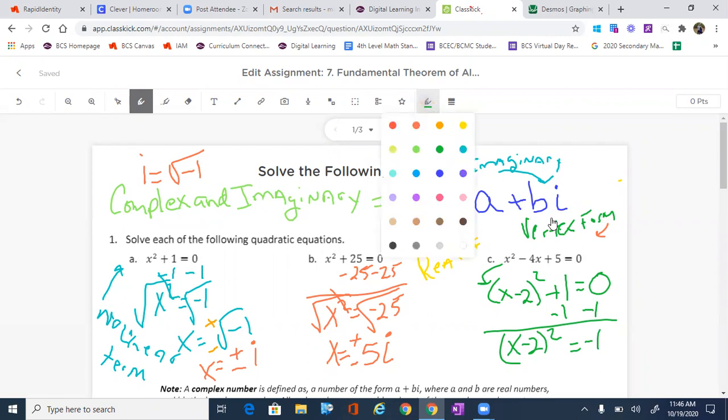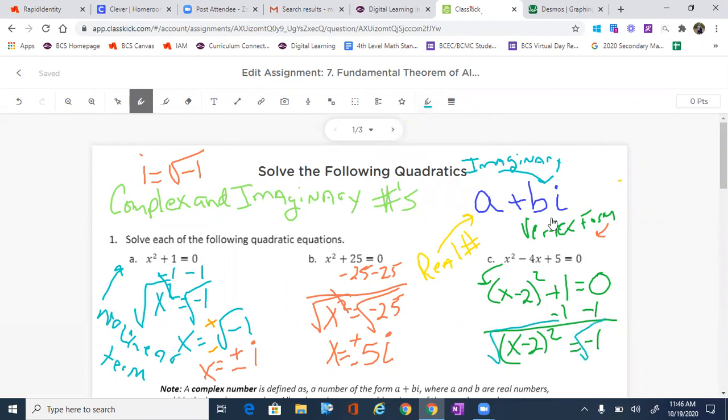At that point, we're going to get rid of that square. How do we take that square, get rid of it? We take the square root, or the 1/2 power, depending on what you like. Okay, and I'm going to write x minus 2 equals the square root of -1, which is simply i. It's telling us we have an imaginary number, and it must be plus or minus because we're taking the square root.